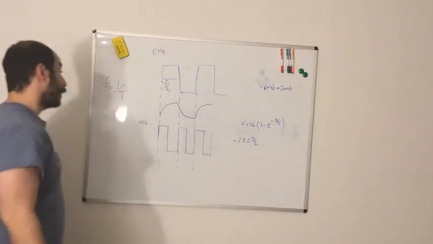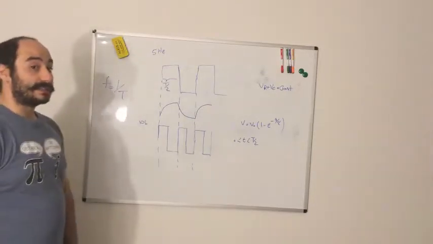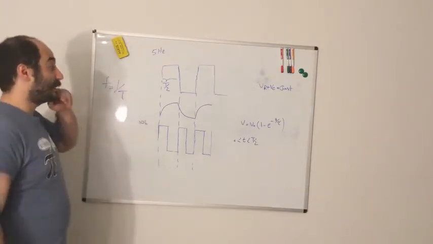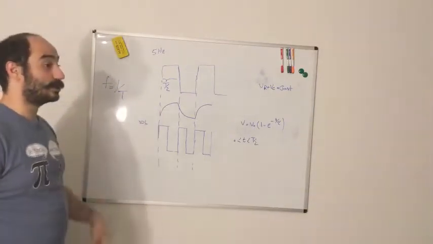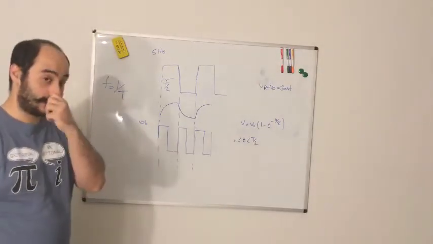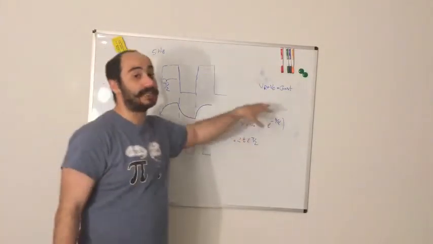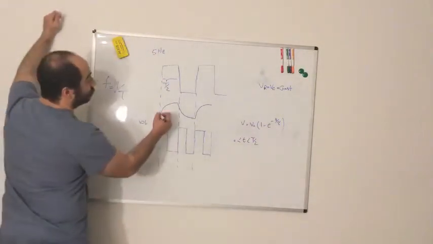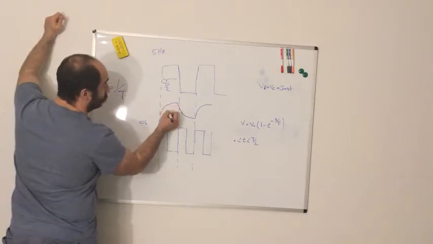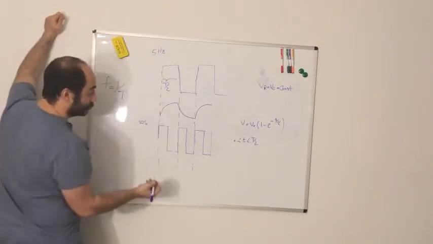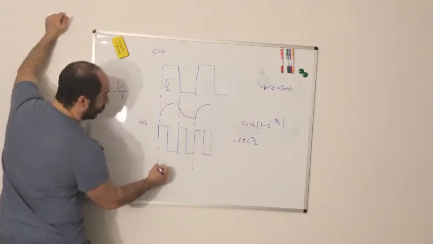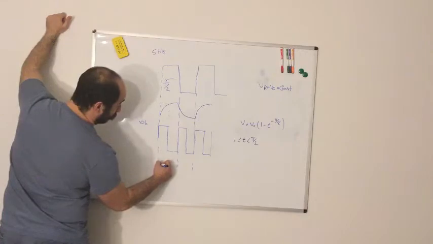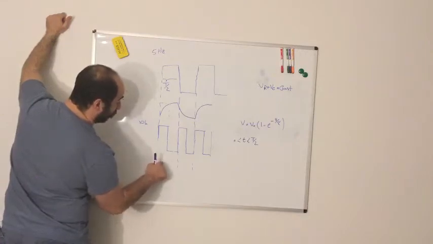Which means that in this case, the capacitor has half of the time that it had before to charge. So in this case, it's not going to get fully charged. It's just going to get charged to this amount. That's the reason that what you're going to see is going to look like this. It's not going to be a plateau.